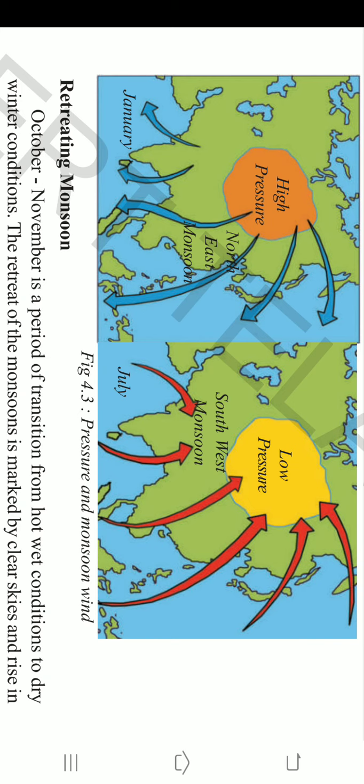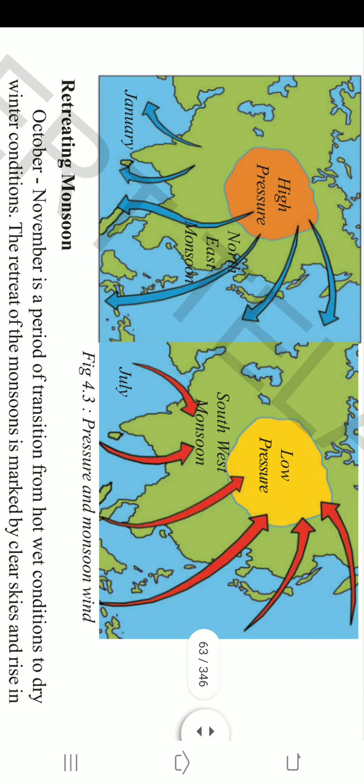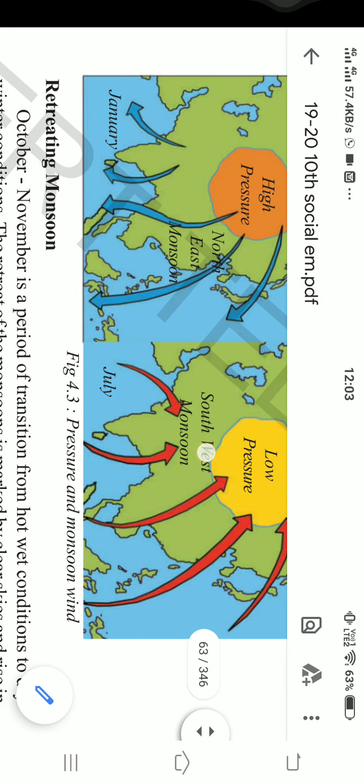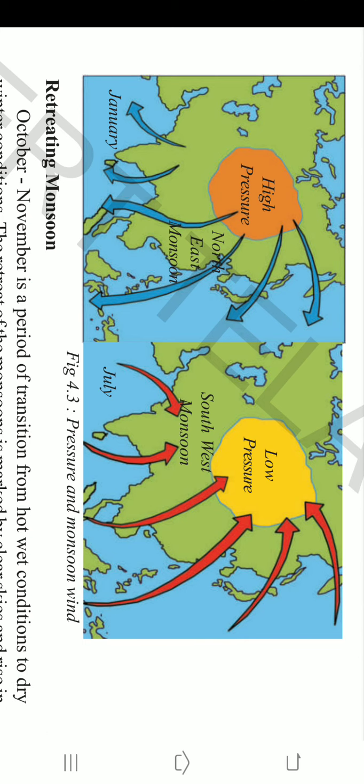And it is the beginning, the onset of monsoons. So the onset of monsoons is called advancing monsoons. When the advancing monsoon reaches the Himalayan mountains, within 4 to 5 weeks it covers the entire India and touches the Himalayan mountains.